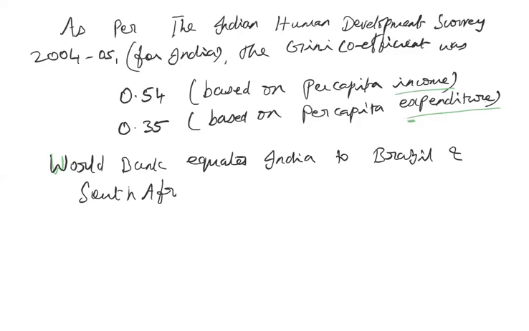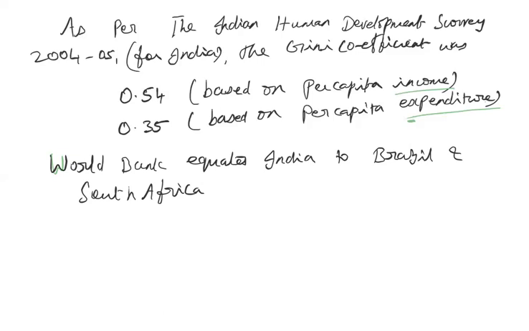South Africa and Brazil are considered to be two of the worst countries, meaning having the highest income inequalities in the world.